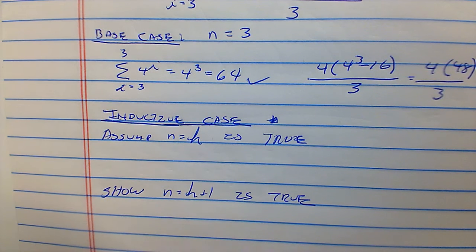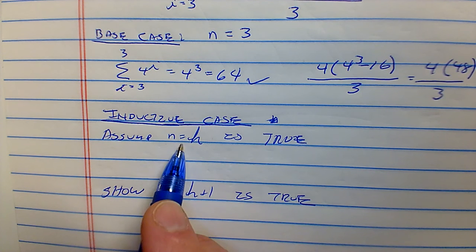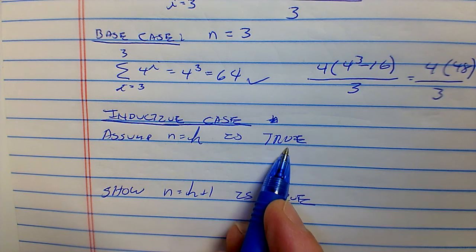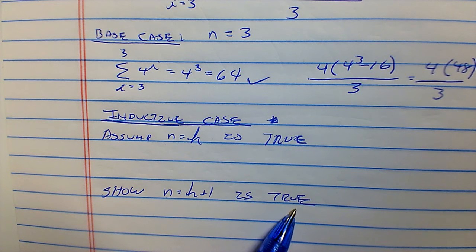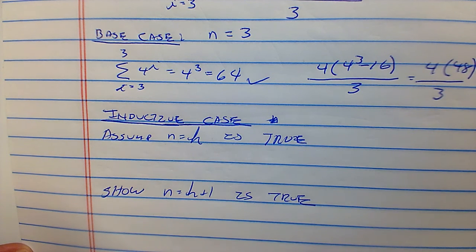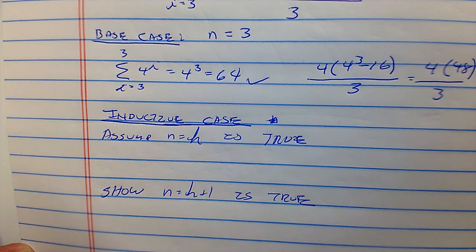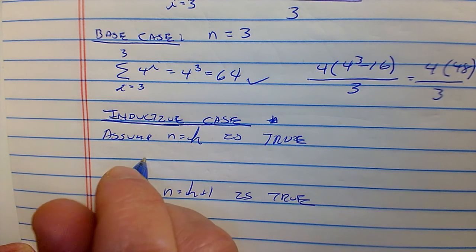We are now ready for our inductive case. In our inductive case, we have to assume that n equal to k is true, and we're going to show that n equals k plus 1 is also true when this is true. So when we assume that, what does that mean?